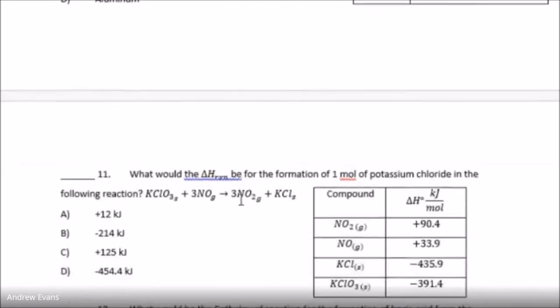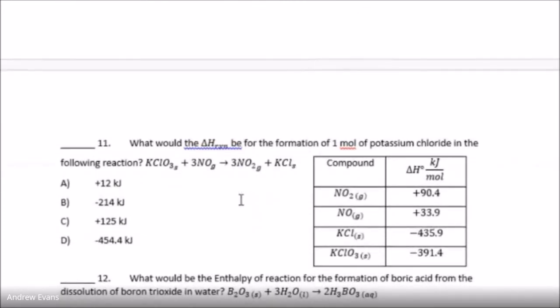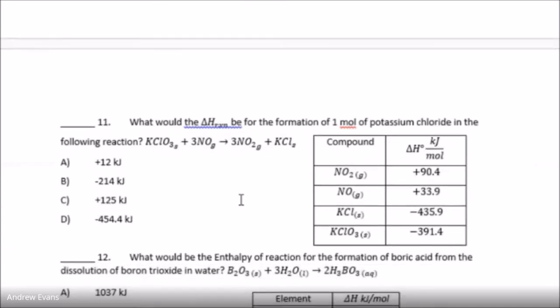Okay, so what would the delta H reaction for the formation of 1 mole of potassium chloride in the following reaction be? In this particular one, it's merely products minus reactants.